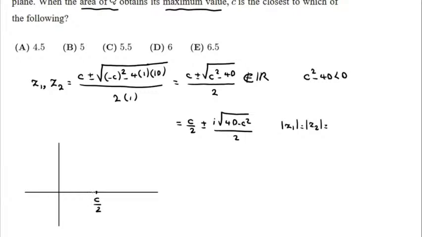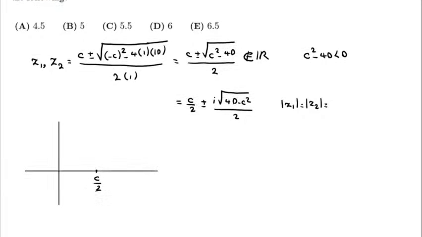So if it is positive, then we can say, let me show with another color, this part is z1, z2. Maybe you ask why they are symmetric with respect to the x-axis. I will explain. It is the imaginary part, it is the real part.